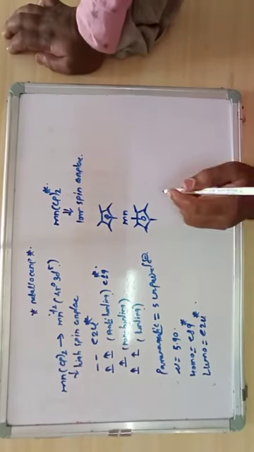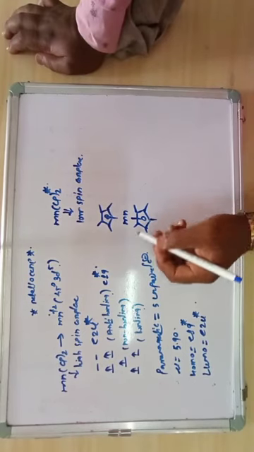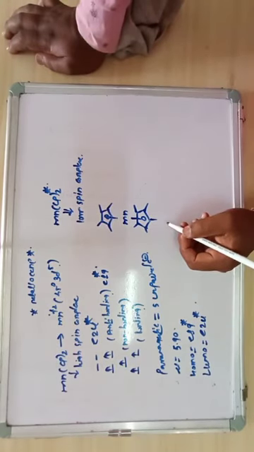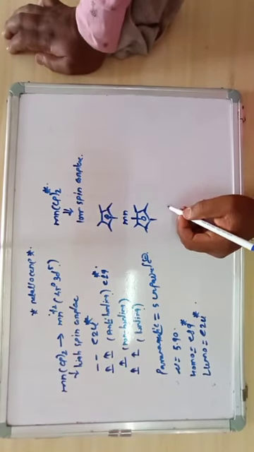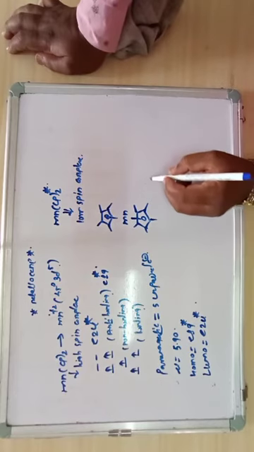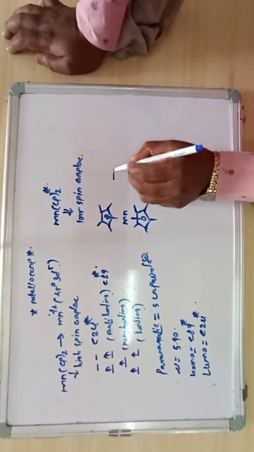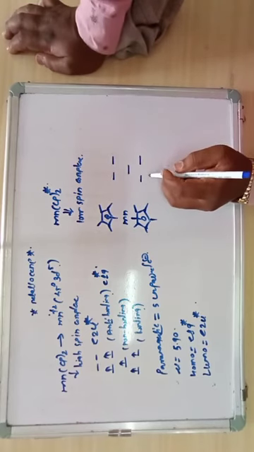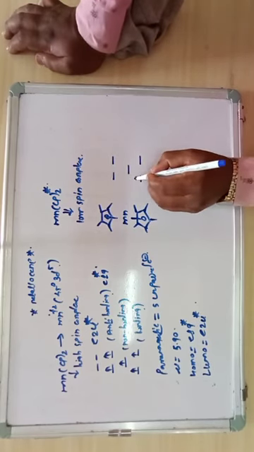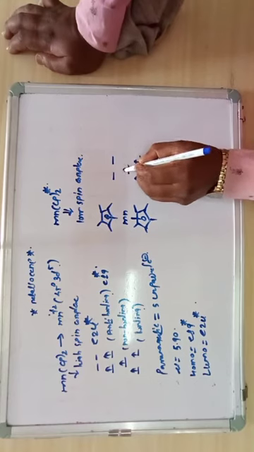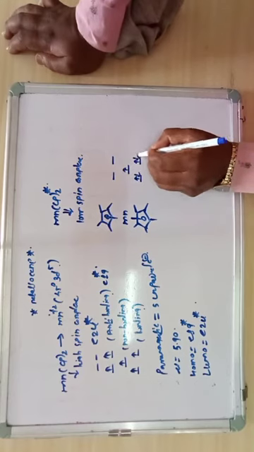So in this case, the electron does not go into the antibonding orbital. Instead of going into the antibonding orbital, it will pair, and again we consider the splitting of d orbitals. In this case there are 5 electrons: first, second, third, fourth, and fifth.